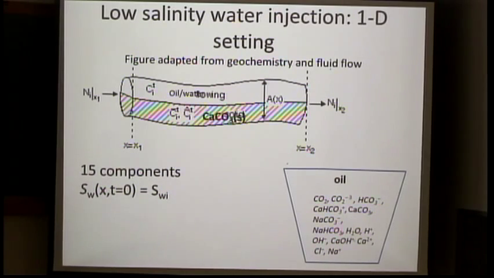So when you have water and oil flowing in reservoirs, you can schematically represent it by a diagram like this. There are a number of chemical components in the water, and a few, like the oil, like carbon dioxide, ionized carbon dioxide, etc. There are a number of these.